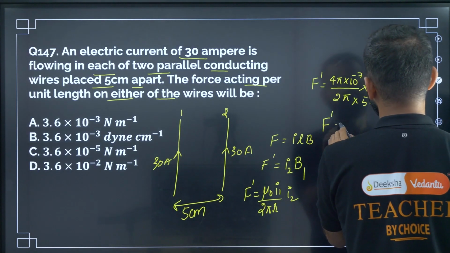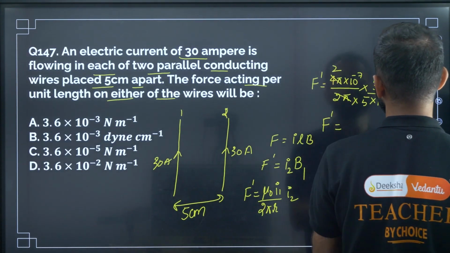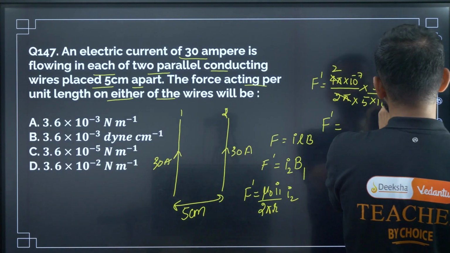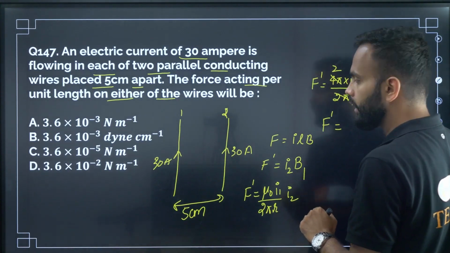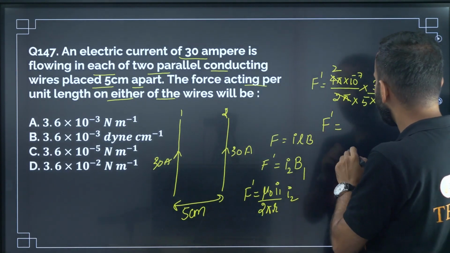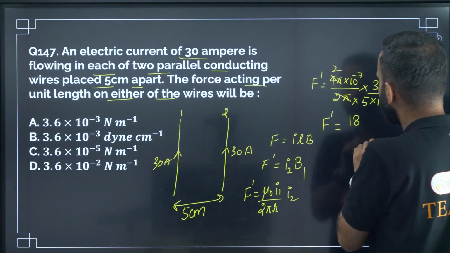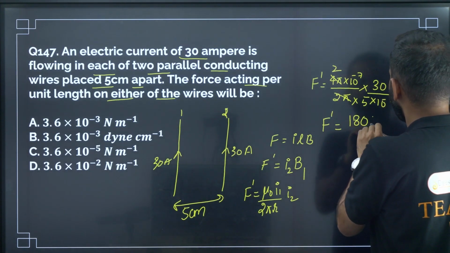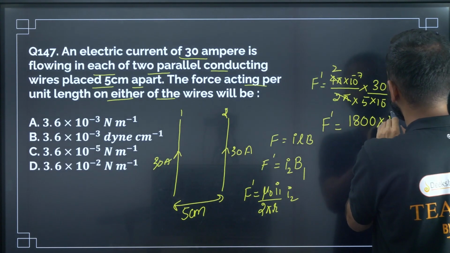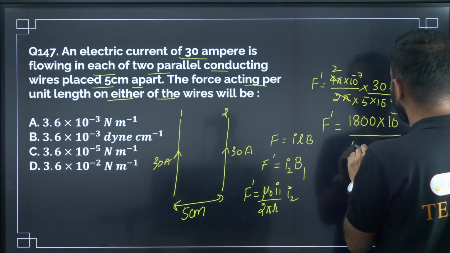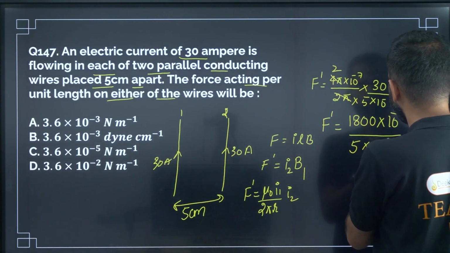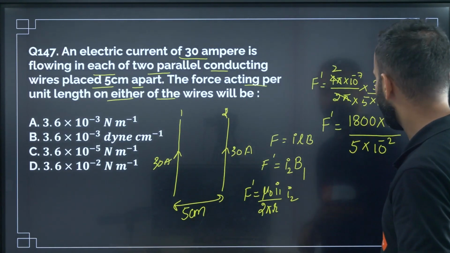Now F dash is equal to, here this is 2, right? So 3 into 3 is 9. 30 into 30 is 900, right? 900 into 2 is 1800, right? So 1800 into 10 to the power minus 7 divided by 5 into 10 to the power minus 2, right?